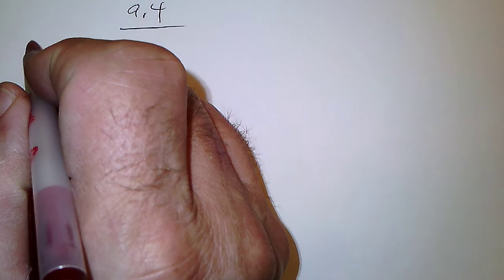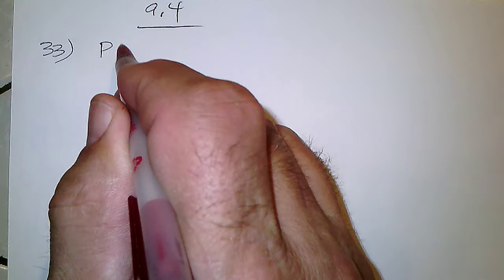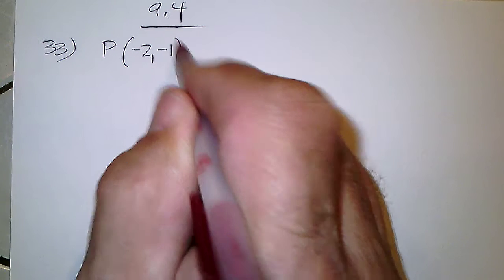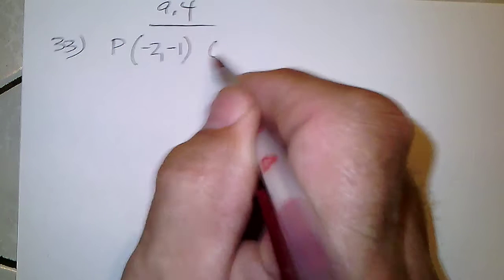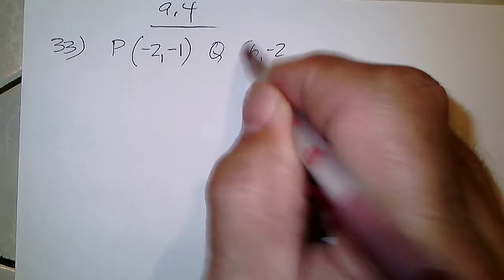The first problem that was asked for was number 33. 33 says P is the point -2, -1. Q is the point 6, -2.